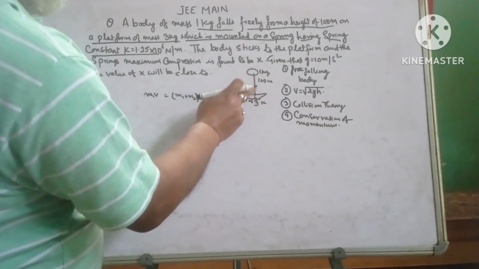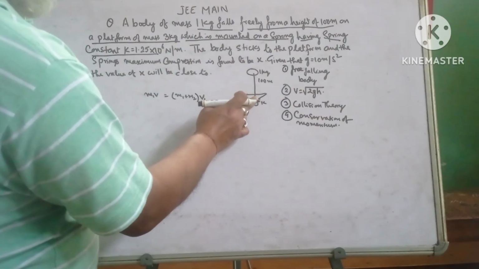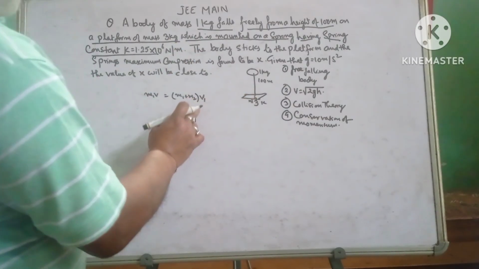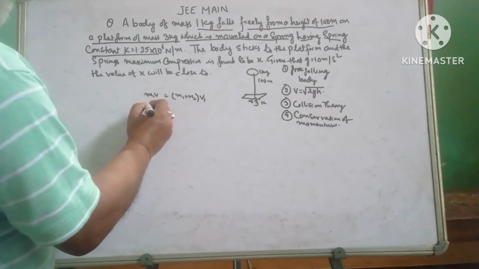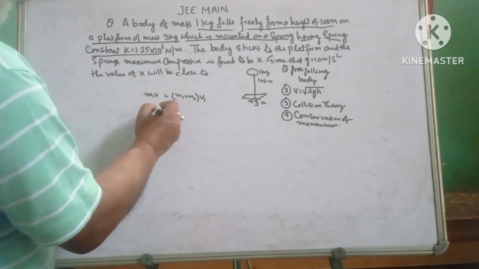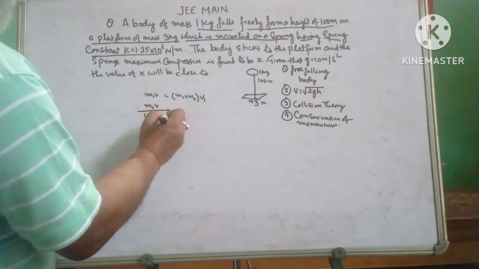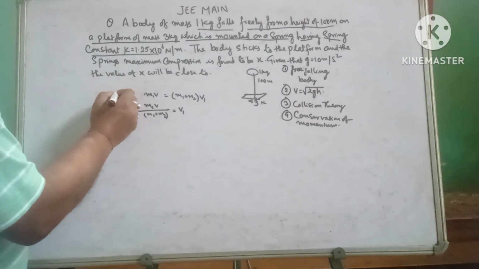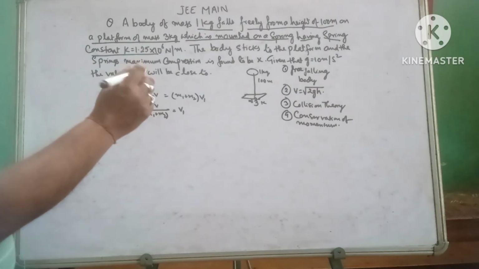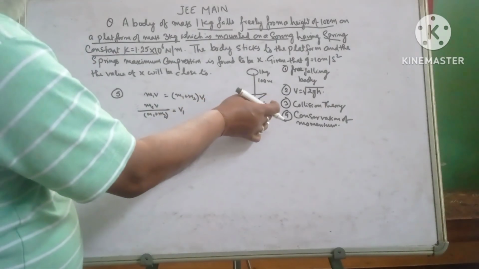That means both the body and the platform move together. So from here we are going to get v = m1 v1 by (m1 plus m2). This is the velocity with which both are moving together.